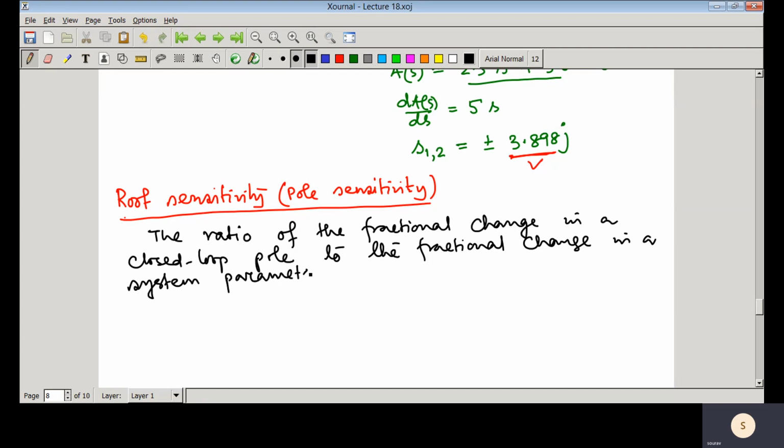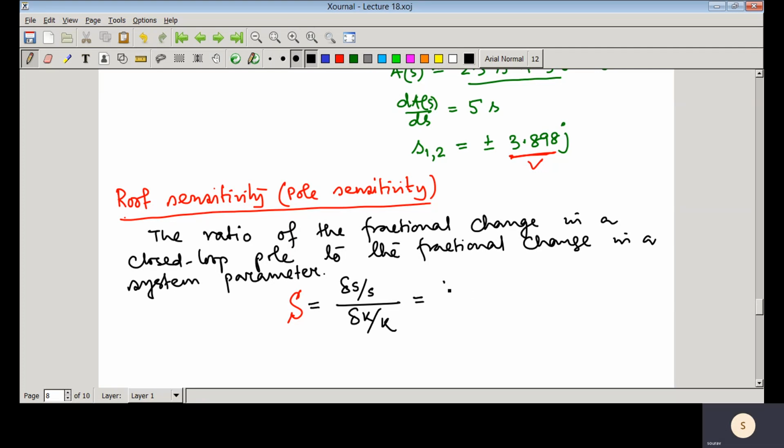Here that system parameter is K, so we can just say that this is the sensitivity. Sensitivity is equal to delta S by S, that is the change in the pole, divided by delta K by K.